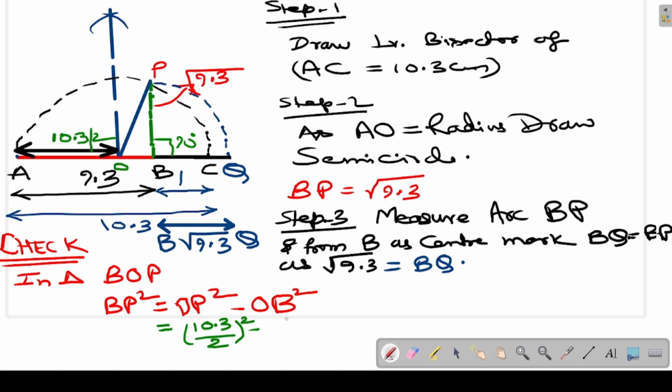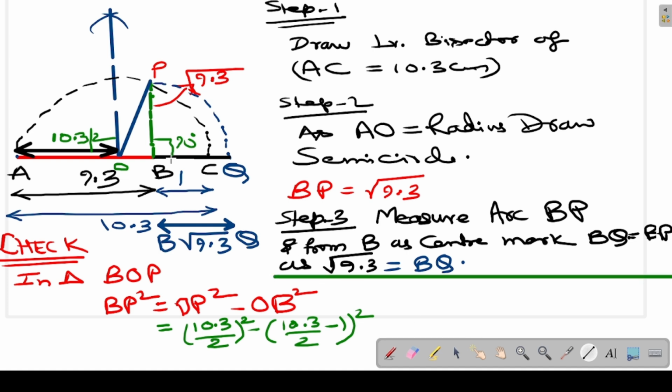The length of OP is 10.3 divided by 2, the radius of the semicircle which we drew initially, right? AO is 10.3 by 2, OC is 10.3 by 2, so OP will also be equal to 10.3 by 2 because that is the radius.